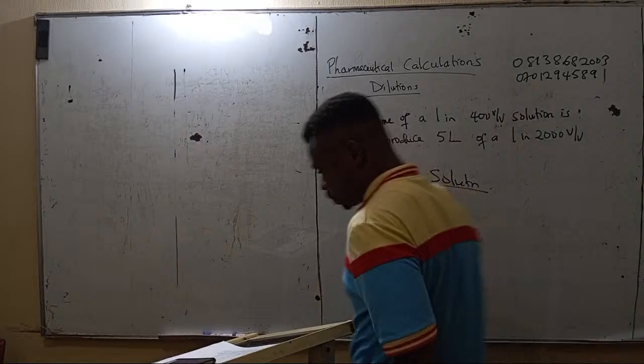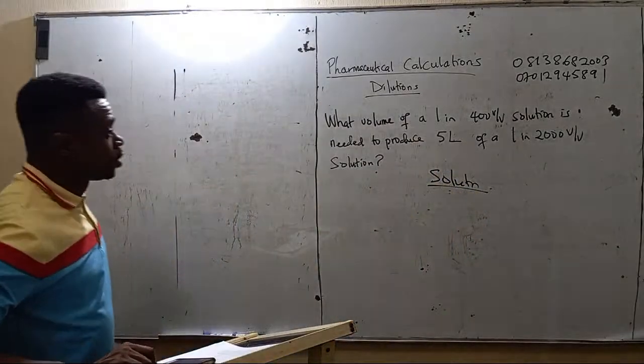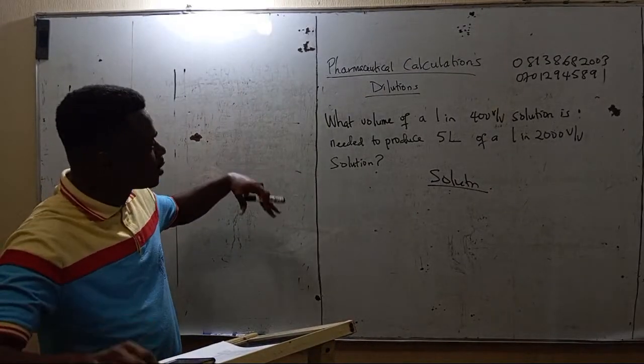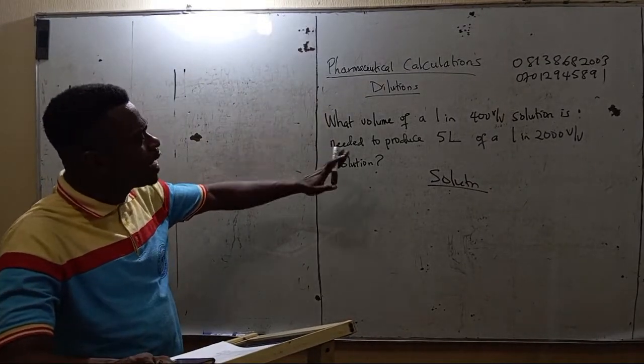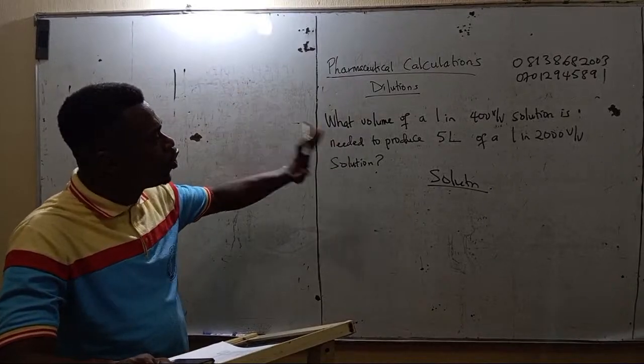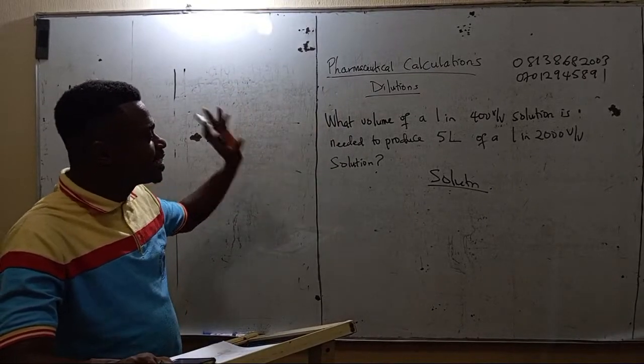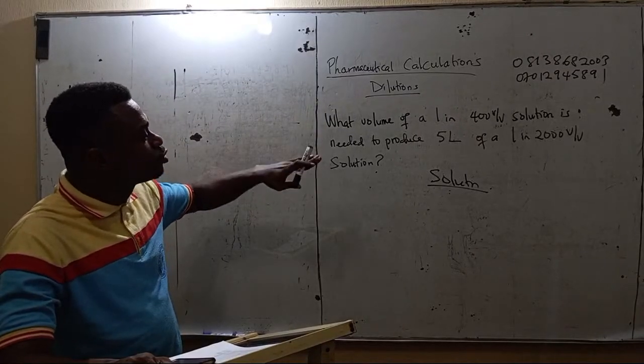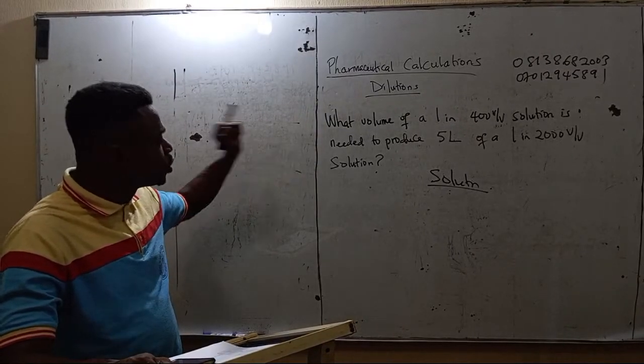Okay, so let's go over the question again. What volume of a 1 in 400 volume in volume solution is needed to produce 5 liter of a 1 in 2000 volume in volume solution?